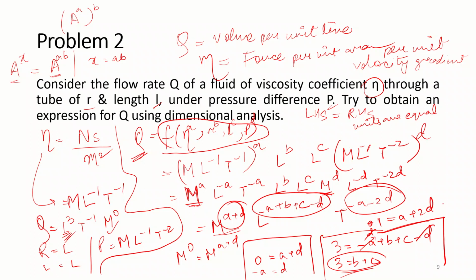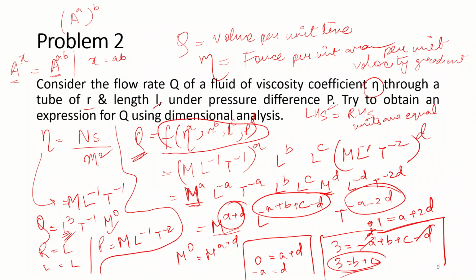How you are getting B's value? B and C both are unknown. So we will get that value. I take R into L, L square equal to B. L square to the power B. Yeah, that you can do, but that's not how the thing will come.